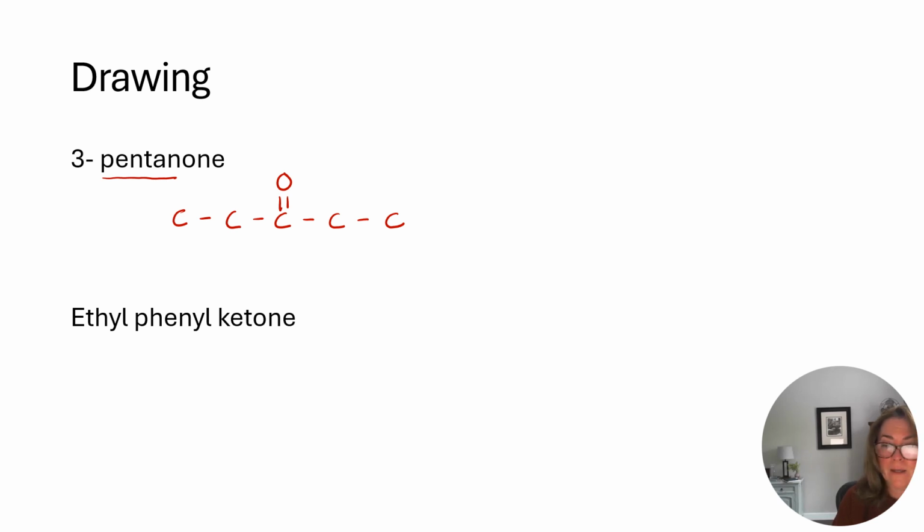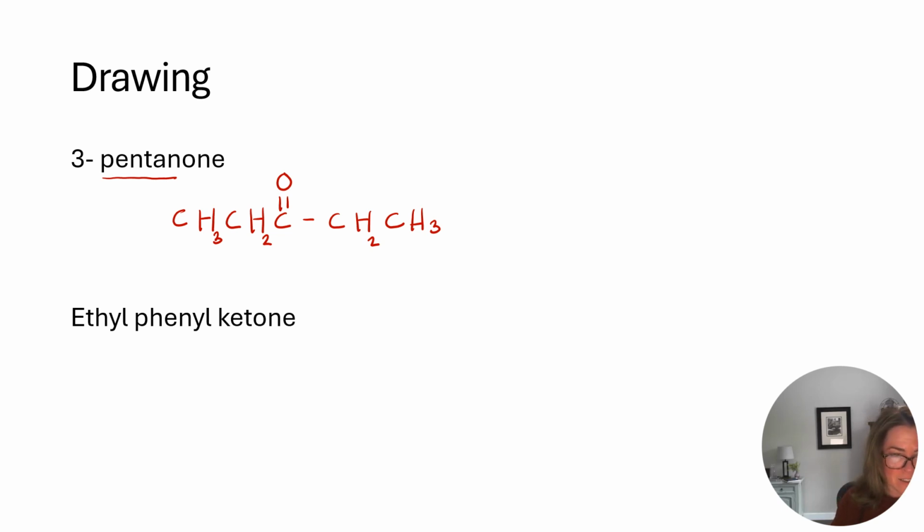And so I can go ahead and fill the rest of these in with my hydrogens. So terminal carbons always need 3 hydrogens. That carbonyl carbon does not require any hydrogens. It is full. And so my 4th carbon needs 2 hydrogens and my 5th carbon needs 3.